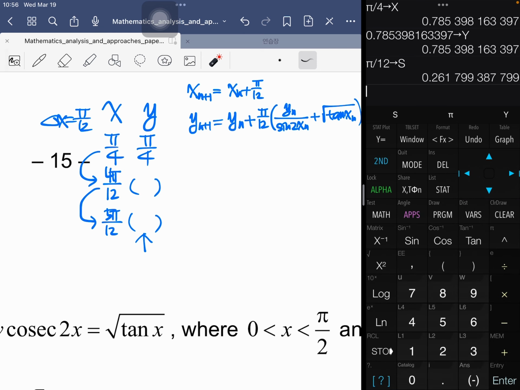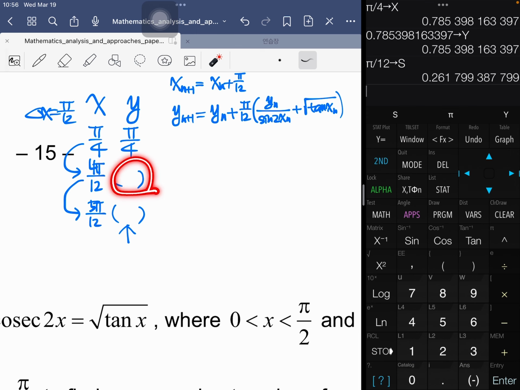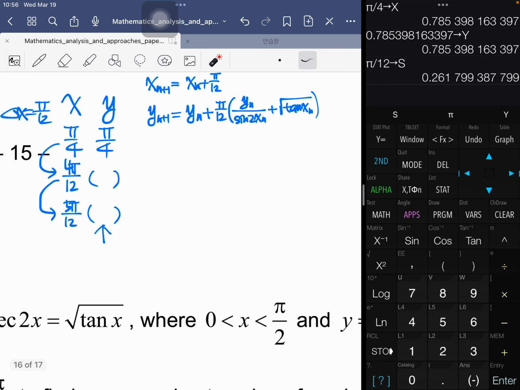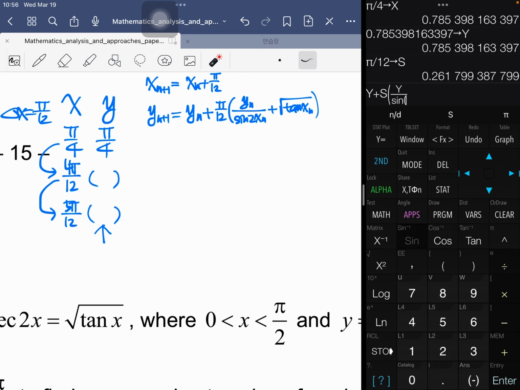And then y n plus 1, which is this value over here, is defined over here. So starting with y n plus 1 equals y n, which is y value, plus step size, pi over 12, is s value, times y value divided by sine of 2 x value, right?